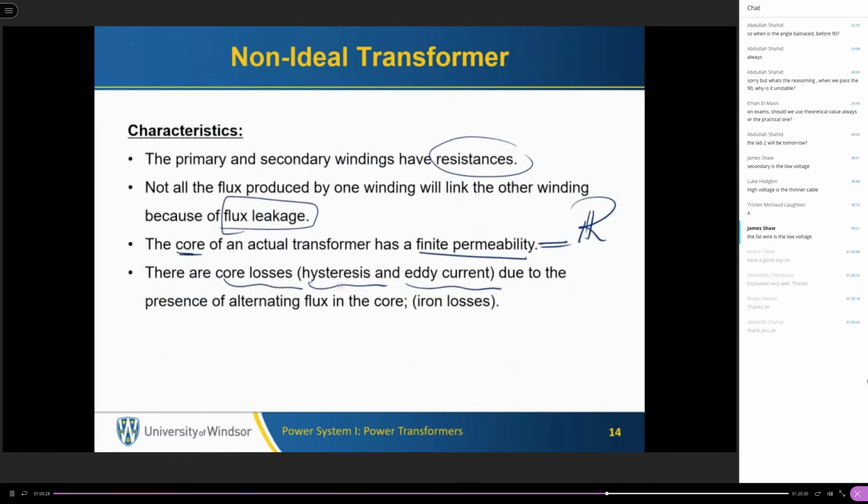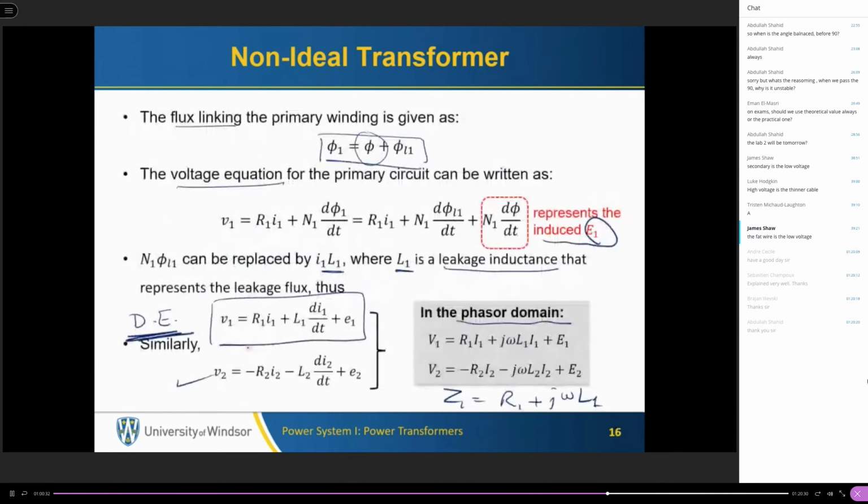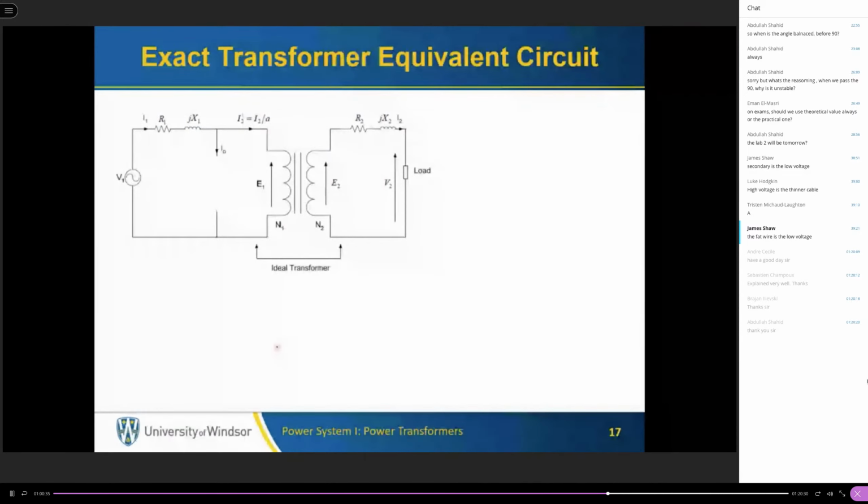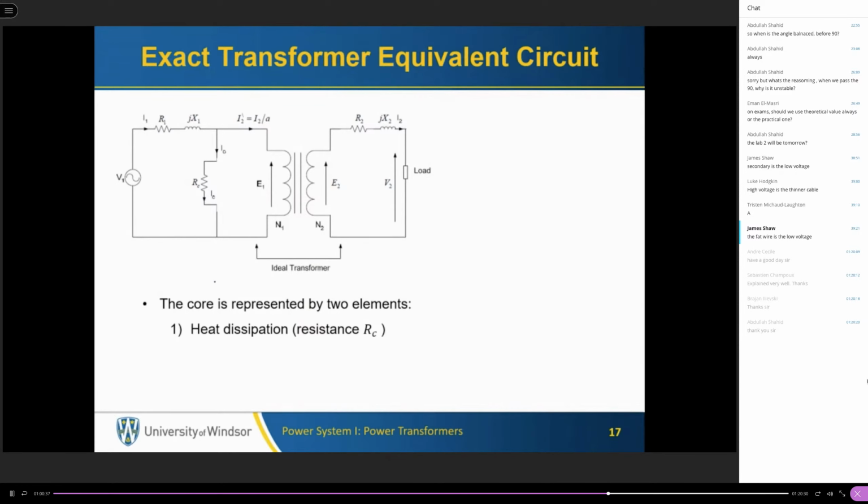Now, how to represent the core losses, the hysteresis and eddy current. We have two elements to represent the core effect. First, we have heat dissipation. This heat dissipation is actually active power. It is active power that the transformer loses. So this heat dissipation is represented by a resistance.